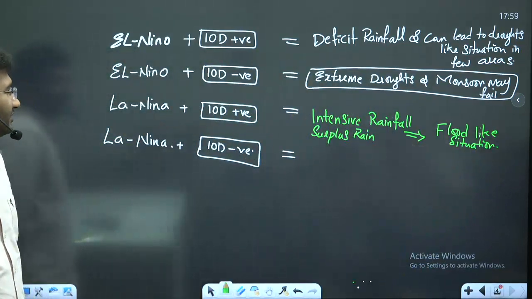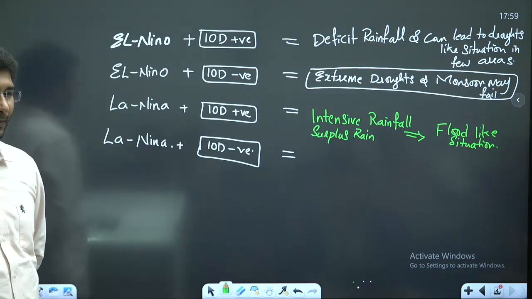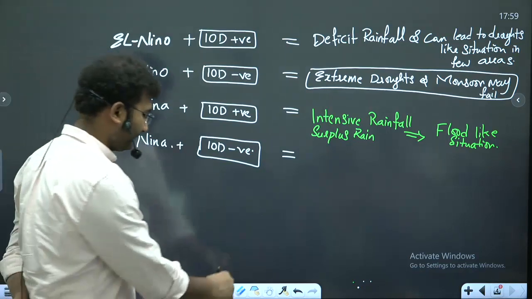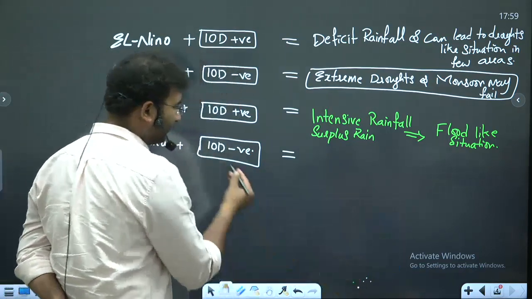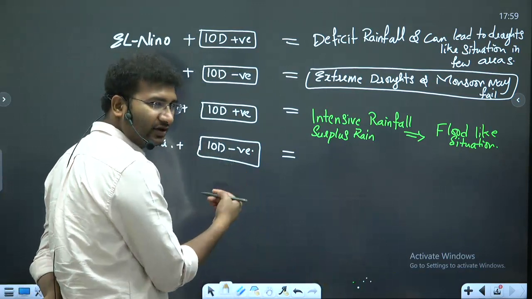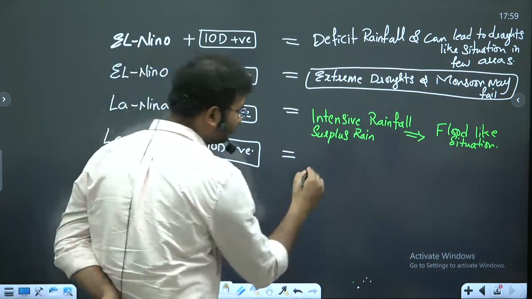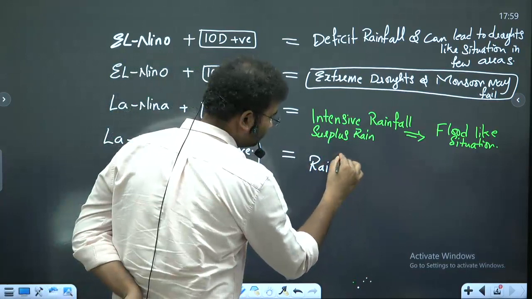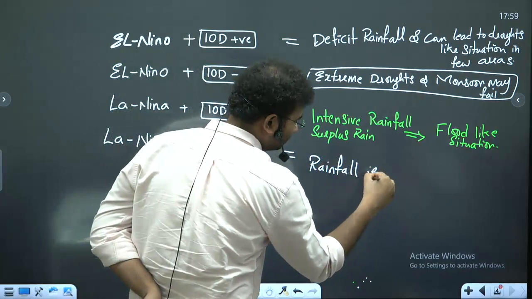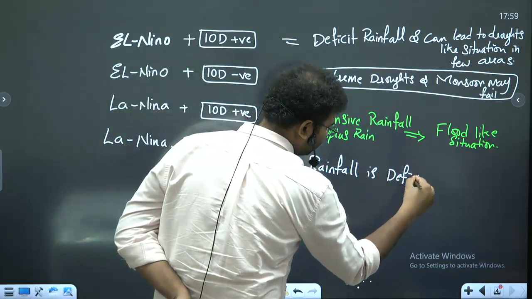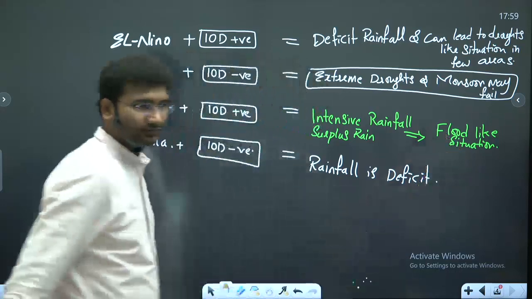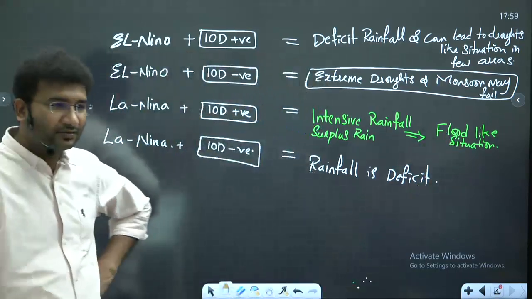La Nina plus Indian Ocean dipole negative. If Indian Ocean dipole is negative, still you have deficit rainfall. Right?